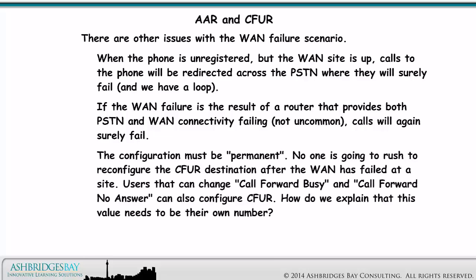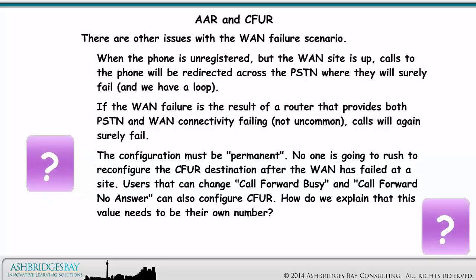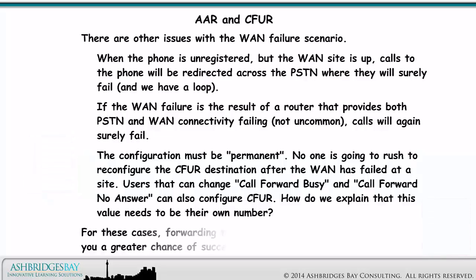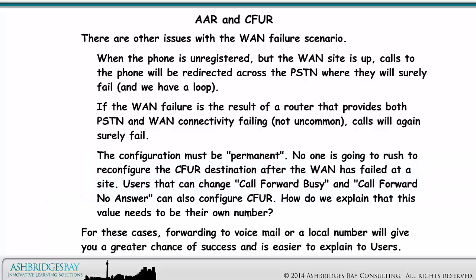No one is going to rush to reconfigure the CFUR destination after the WAN has failed at a site. Users that can change call forward busy and call forward no answer can also configure CFUR. How do we explain that this value needs to be their own number? For these cases, forwarding to voicemail or a local number will give you a greater chance of success and is easier to explain to users.